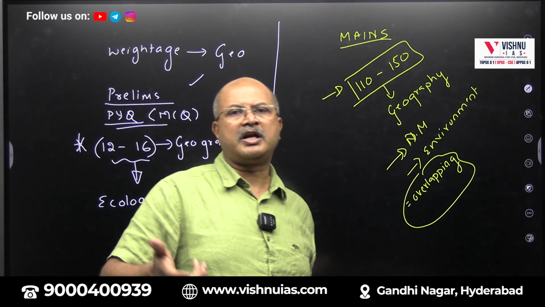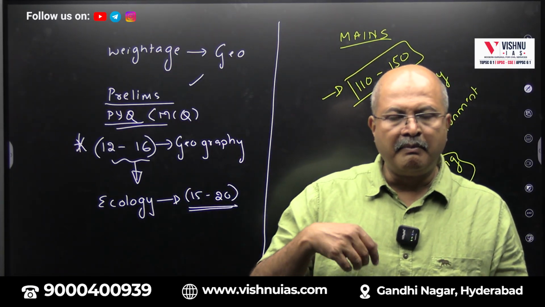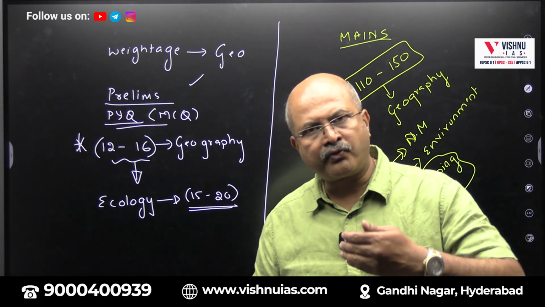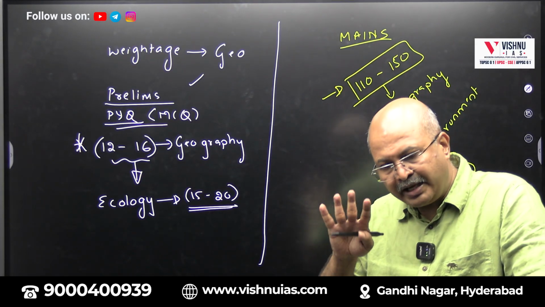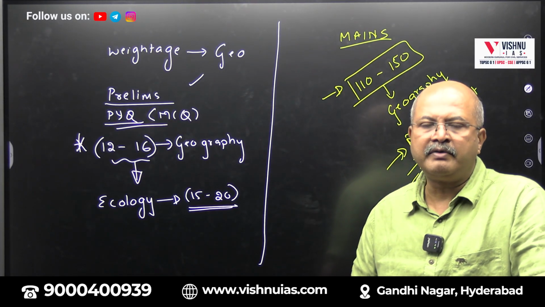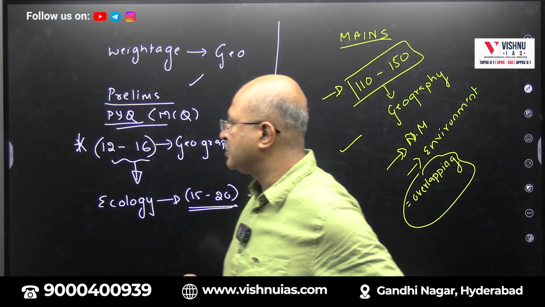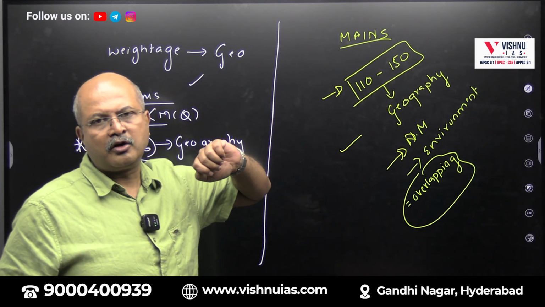In disaster management, earthquakes, volcanic activities, man-made disasters, natural disasters, droughts and floods can be explained only when you have a good command of geography. The definitions and all depend on the understanding of geography.